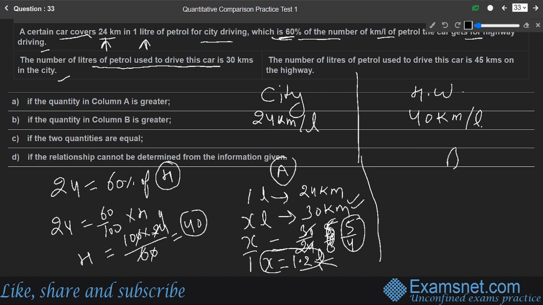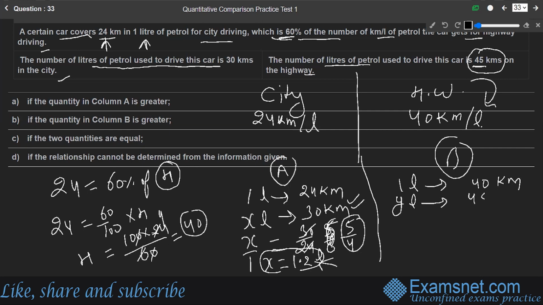Let us see column B. Column B is asking number of liter of petrol used to drive this car 45 kilometer on the highway. We just found out the average mileage of highway, that is 40 kilometer per liter. So in 1 liter the car on the highway goes 40 kilometer. Now we are supposed to find out how much petrol will be used for covering 45 kilometers, let's say y liter.